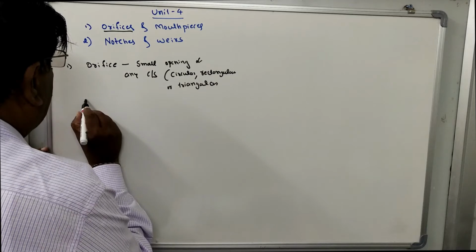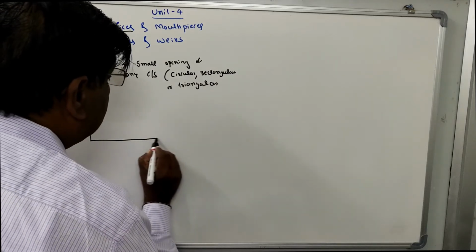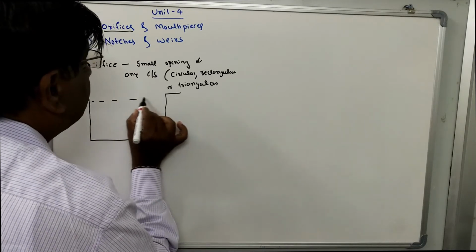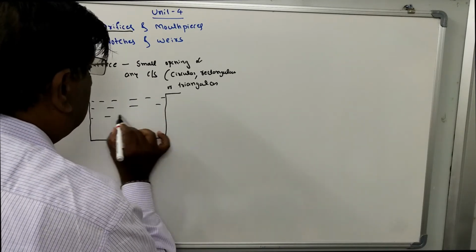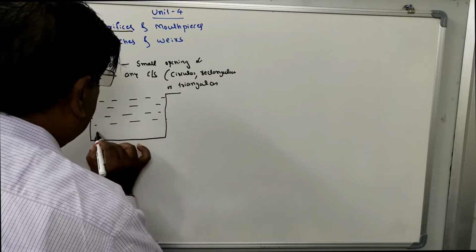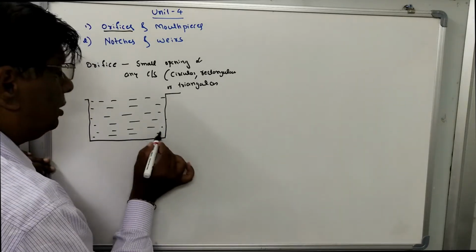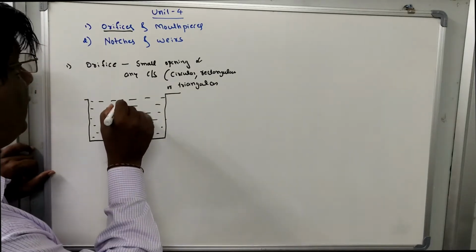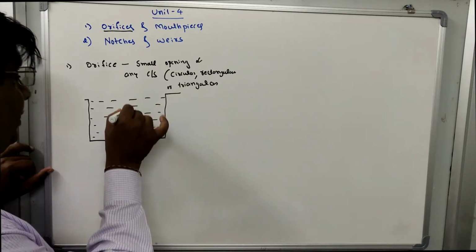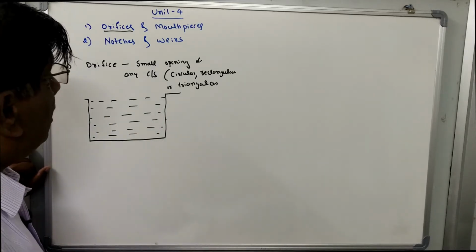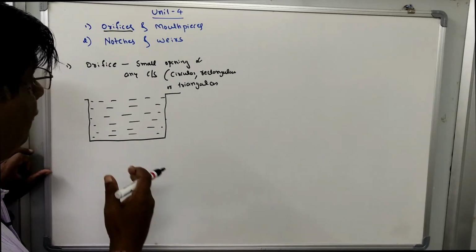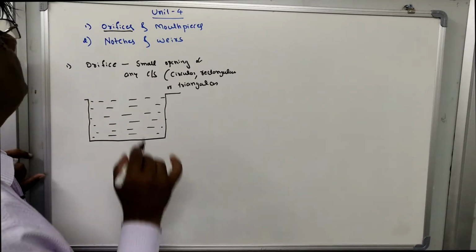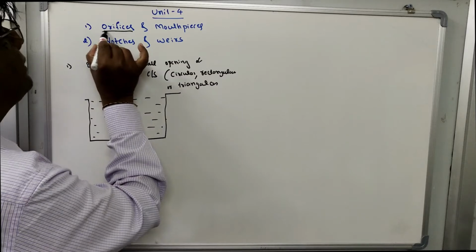Suppose you have a tank like this, filled with water. Sometimes we want to know the time required to empty this tank or the rate of flow through it. For that we use the orifice.